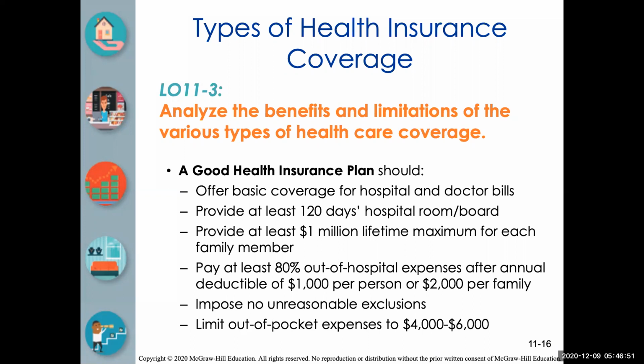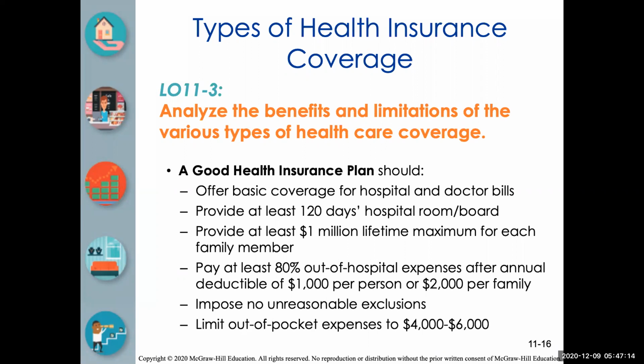The fifth bullet here, that there's no imposition of unreasonable exclusions. So yeah, you've heard about pre-existing conditions, right? You want to make sure that the insurance policy that you have allows for pre-existing conditions. Most all of them do, but you just want to make sure that it does exist.